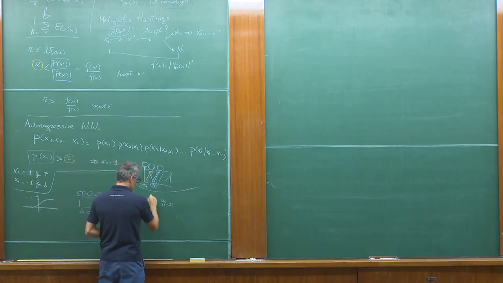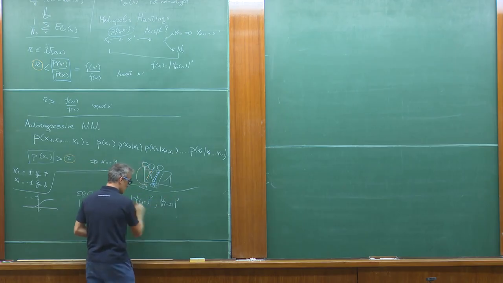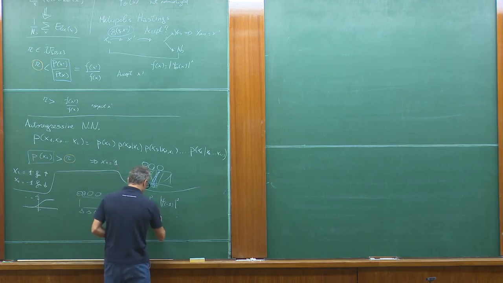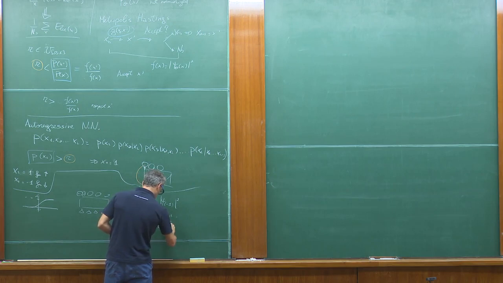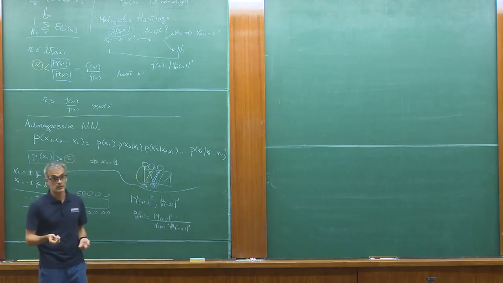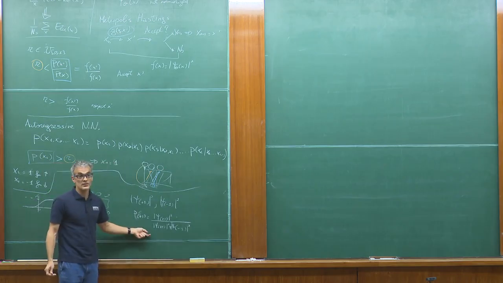I do modulo square of this, I do modulo square of this. Okay, and then I know the probability of +1 is equal to modulo square of psi of +1 divided by modulo square of psi +1 plus modulo square of psi -1. Okay? And this is obviously between 0 and 1.